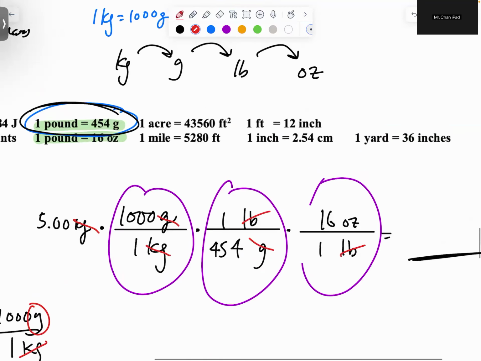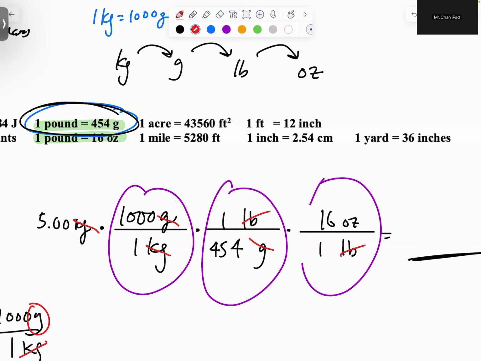Some teachers would say, all right, go ahead and multiply all the numerators together and then divide by the denominator. It works with one possible problem. In this case, you have only one number that's not 1. It's 454 in the denominator, so you're dividing by just one number, which is fine. But if you have multiple numbers that are not 1 in the denominators, then it could cause a problem because you need to use parentheses.